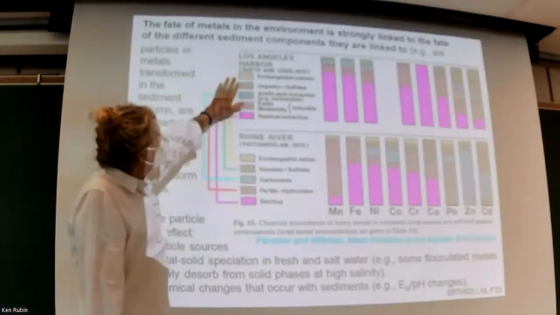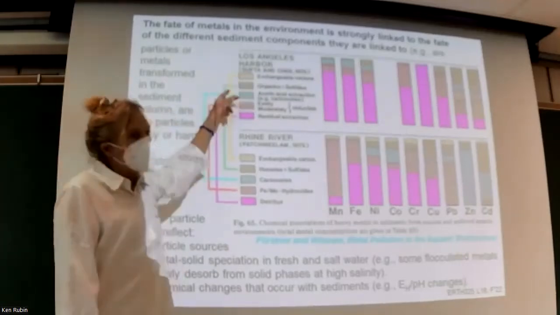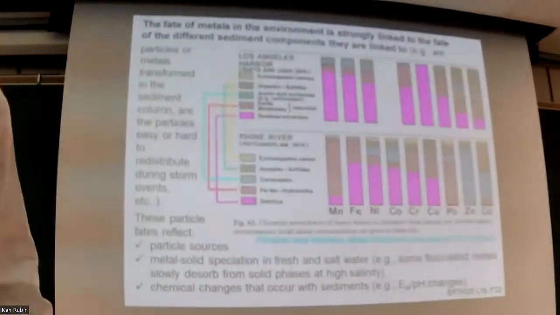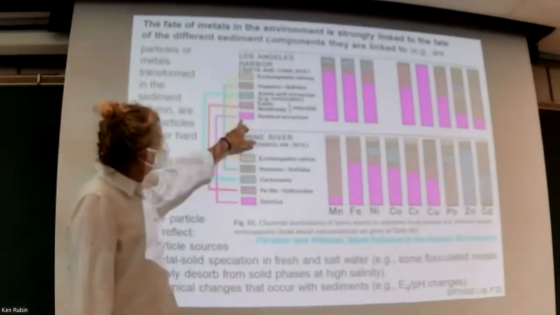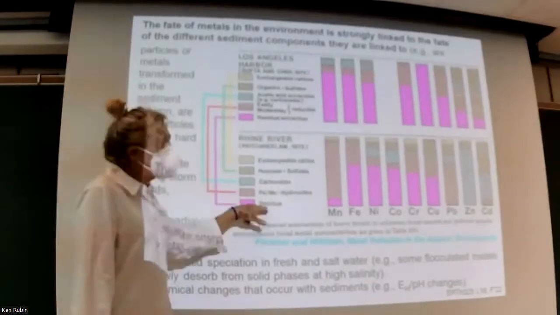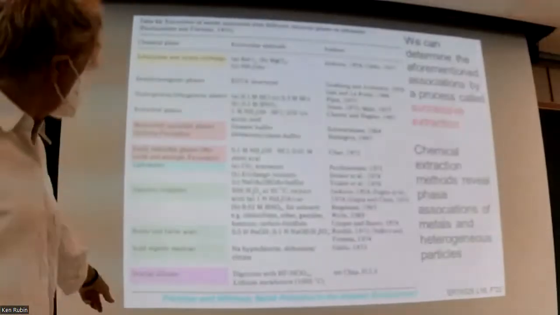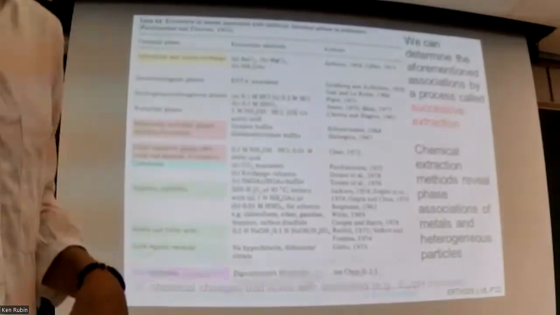In this part of the graph, it says what the process was, right up here, the list of things. Whereas down at the bottom, it tells you what the phases are, right? For instance, here it says residual extraction, and here it says detritus. It's the same thing. It's the last thing on the list. It's this stuff down here. That's why I color coded it, to make it easier to follow.